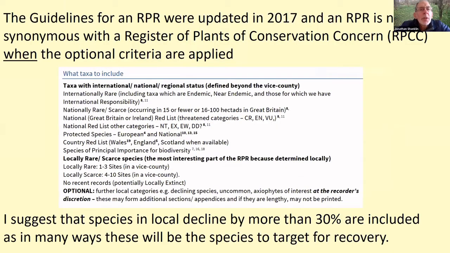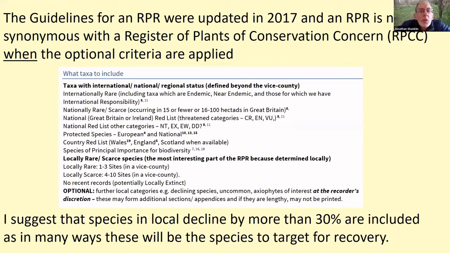And the particular details are not so much those with red list statuses, but the optional things at the bottom, which are the locally declining species, which are really the ones that are going to be most important for reversing biodiversity decline.